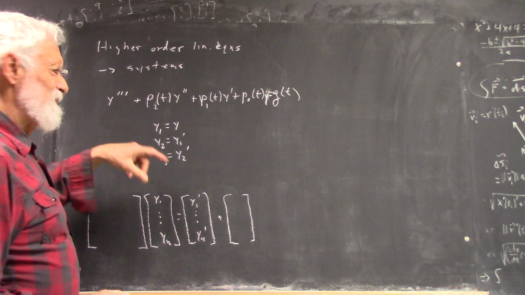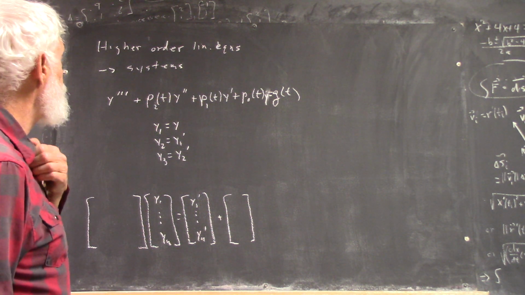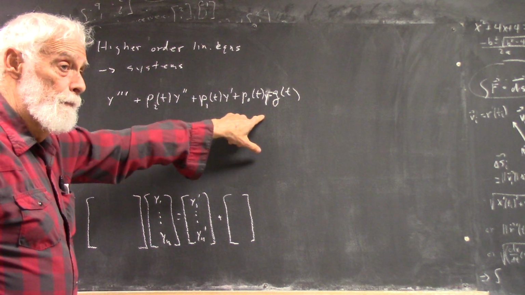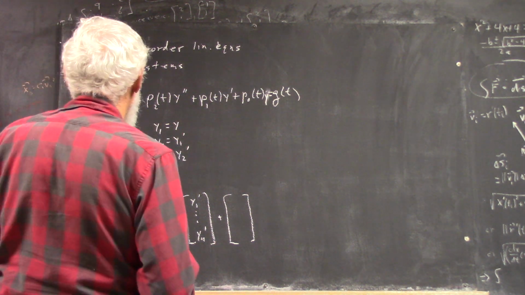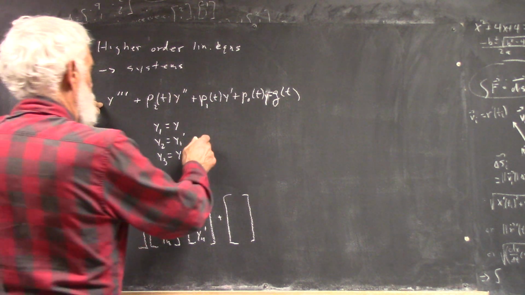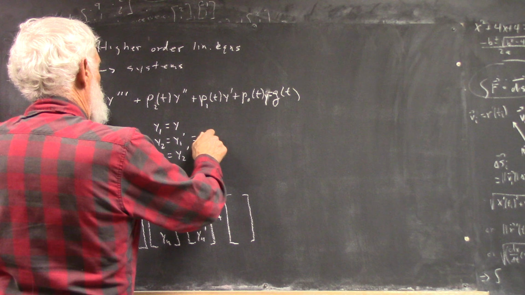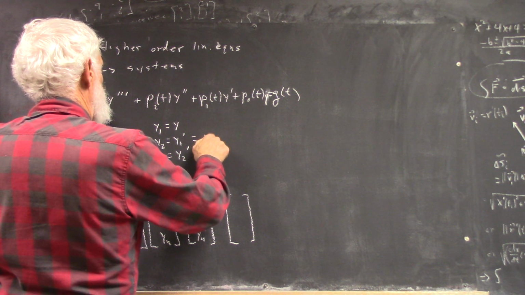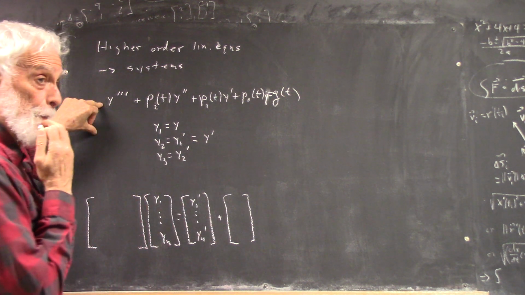Anyhow, seems like I've got too many equations. So our equation here, y triple prime, well, what's y1 prime? y1 prime equals y prime, right?